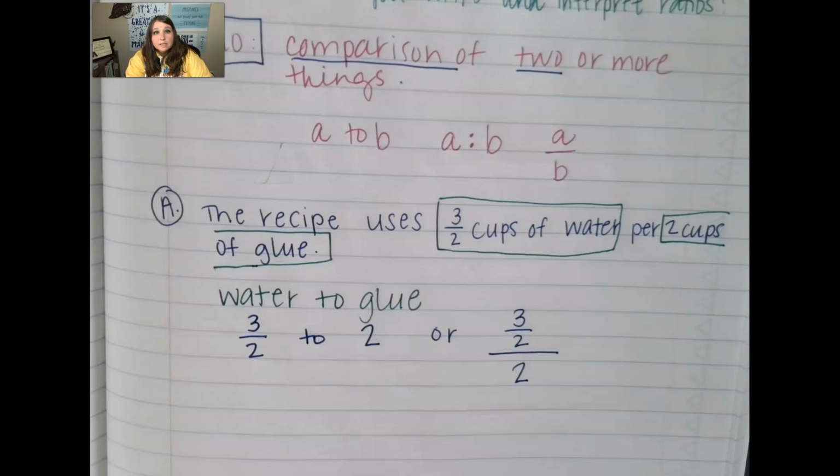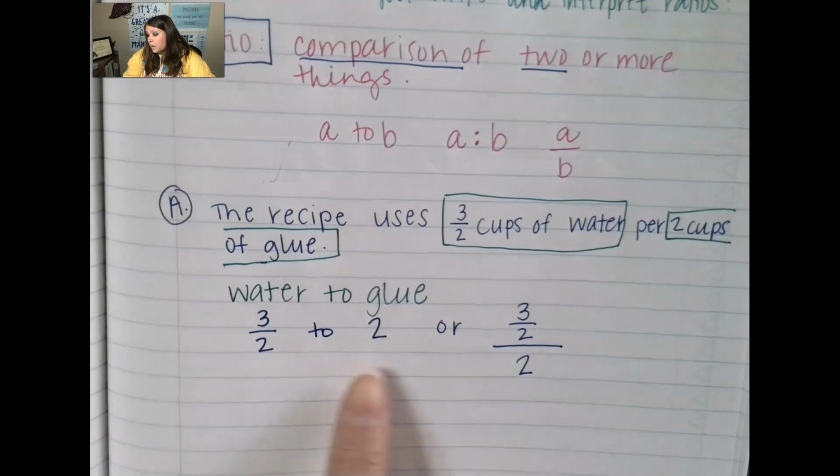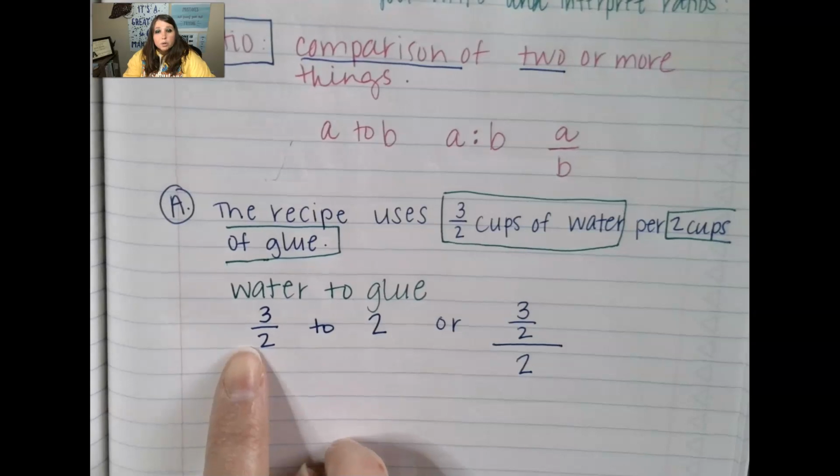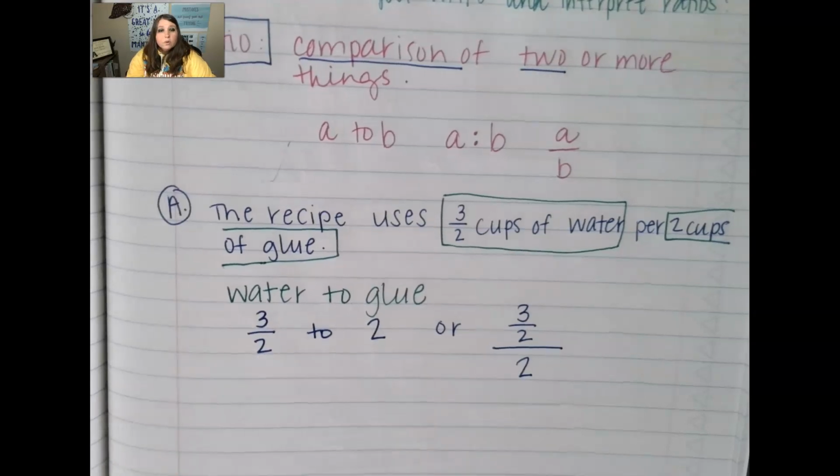So the two things that you're comparing. So in this case, how many times water is compared to glue, or how much glue is used per water. So we're going to use division to find the value of our ratio.